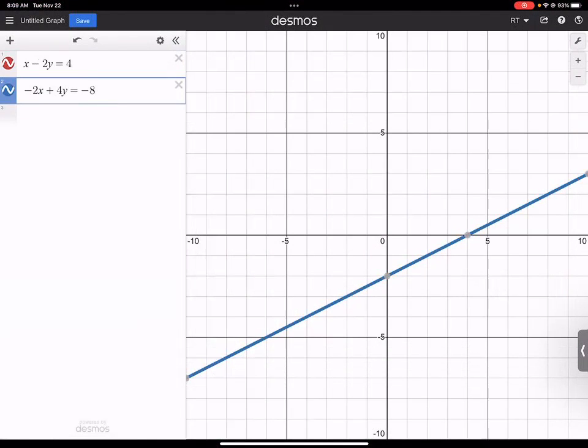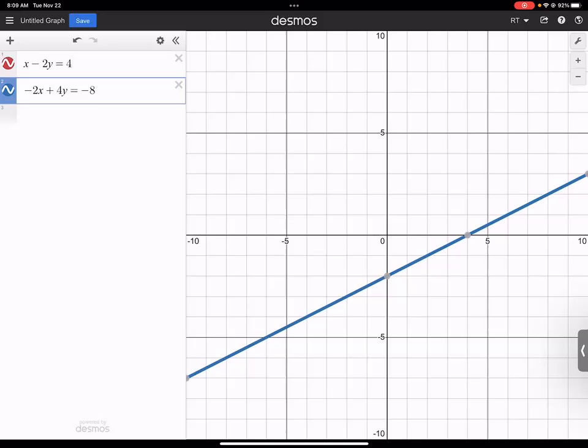They're the same line, right? They're the same line. They're just kind of disguised a little bit, right? One of them is scaled by 2 or by -2. If you took both of those and solved for y, you would get exactly the same thing, right? So they have the same slope and the same y-intercept, which means they're exactly the same line.